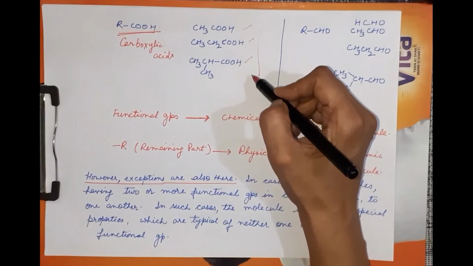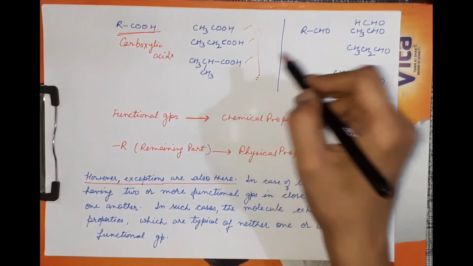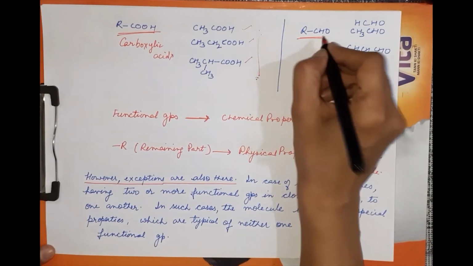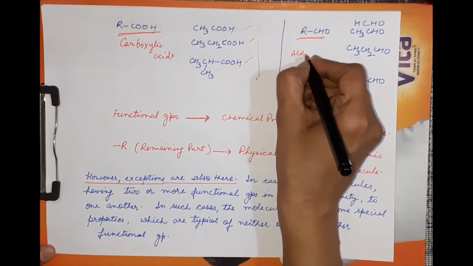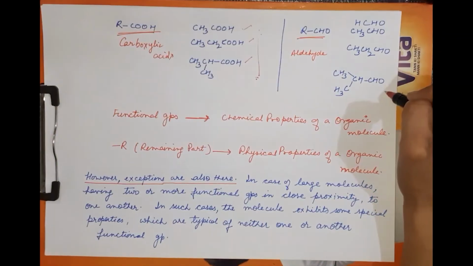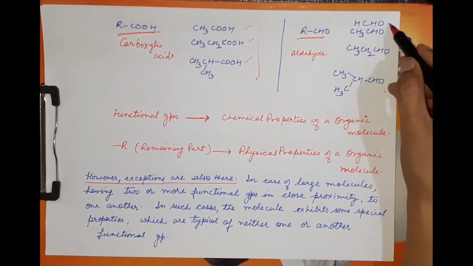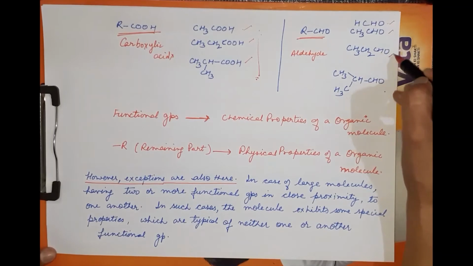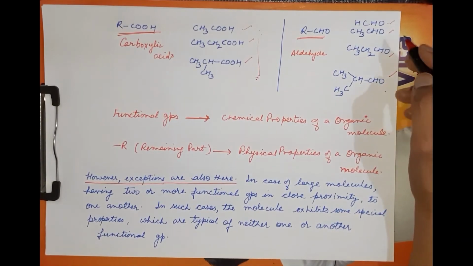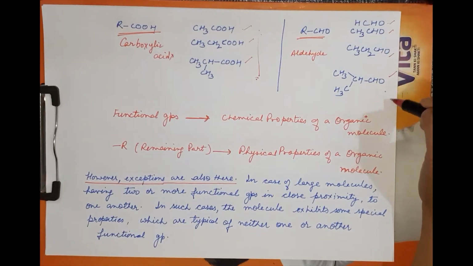So they will show the same chemical properties. In the same way, here RCHO, this is the aldehyde. Various examples I have written here. All of them are having the same functional group, the aldehydic functional group, so all of them will have the same chemical properties.